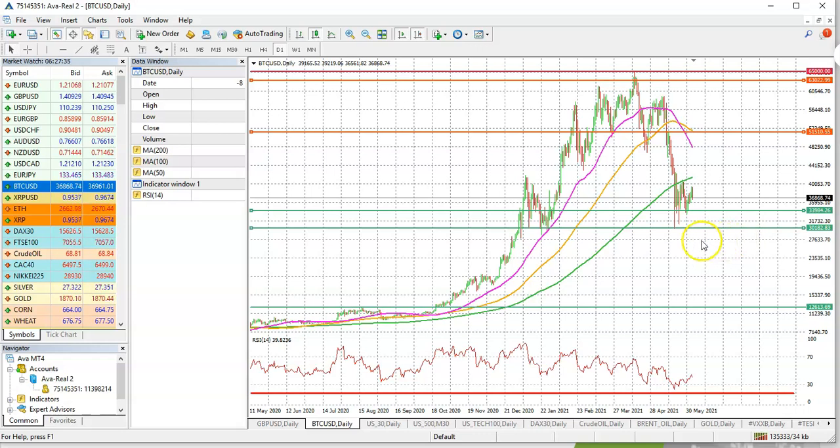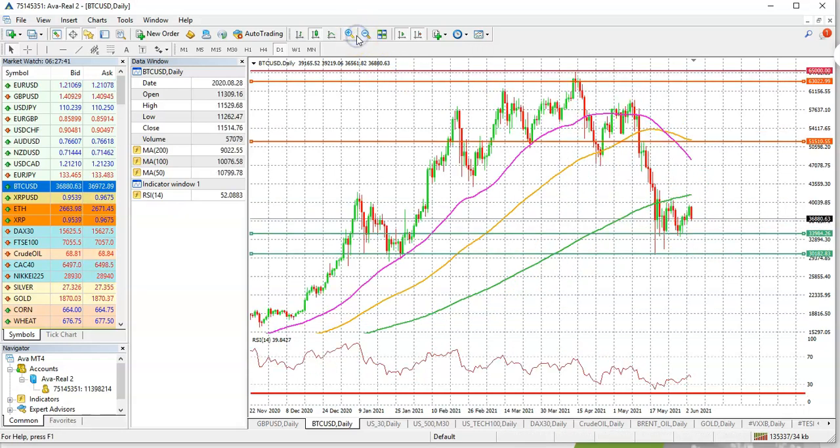So now the prices have moved back to the upside. But what we have not seen so far is the price challenging the 200-day simple moving average.